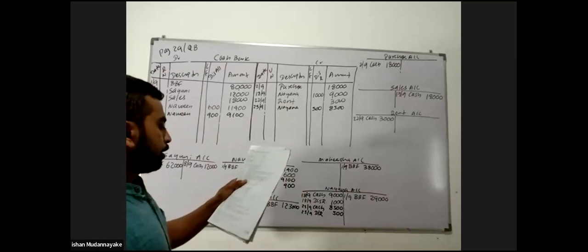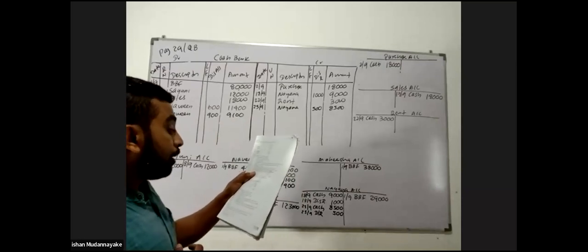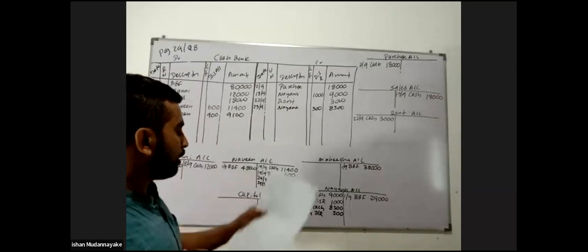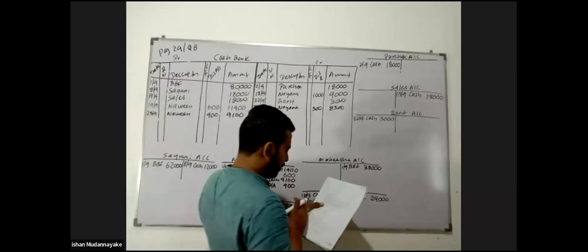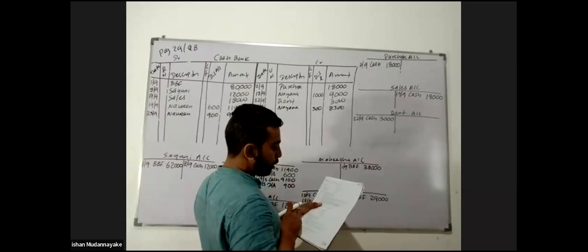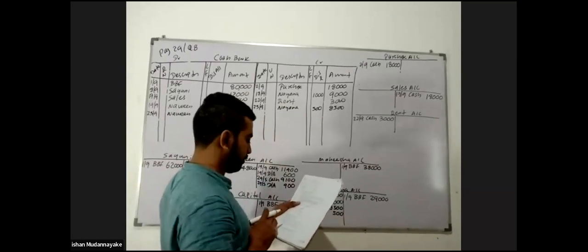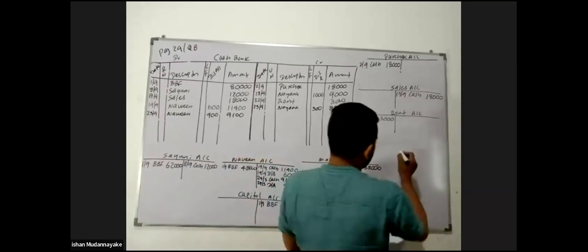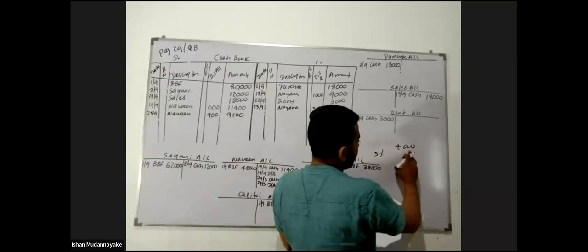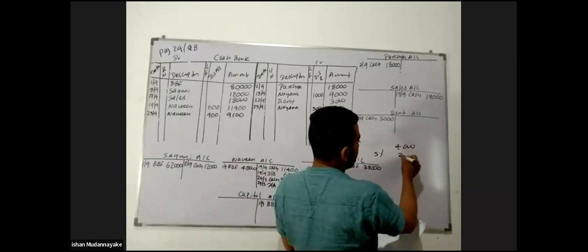Last one, 28th September, a 5% discount received when 4,000 was settled with Mahisha. Here our business is going to pay 4,000 to Mahisha. Then Mahisha gave us a 5% discount. 4,000 into 5%. 10% is 400, 5% is 200.